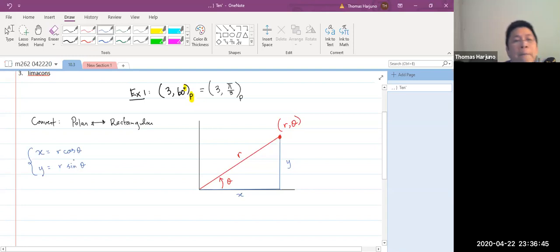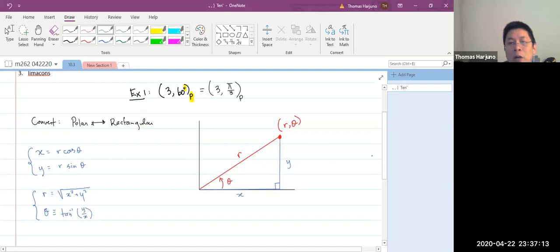If the r and theta are known, you use formula 1 to get the x, and formula 2 to find the y. On the other hand, suppose we have x and y, how do we find the r? According to this picture here, we can apply the Pythagorean theorem to get the r. So r equals the square root of x squared plus y squared. And the theta is basically the tangent inverse of y over x.